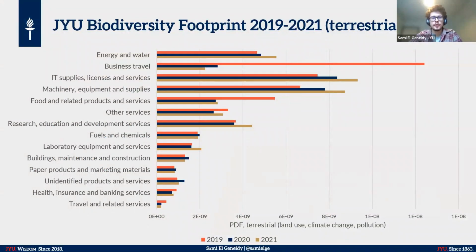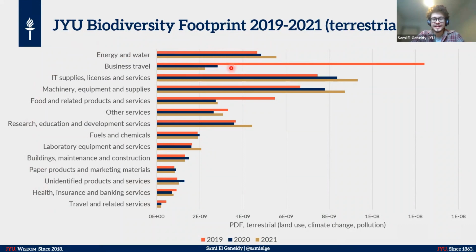Here's an example result. We have here the biodiversity footprint from 2019 to 2021 for terrestrial ecosystems. Here you see all the different categories that are impacted. We see that a lot of impact comes from energy and water.